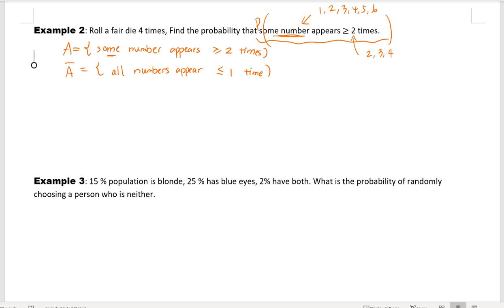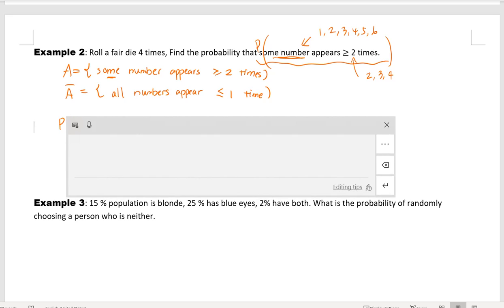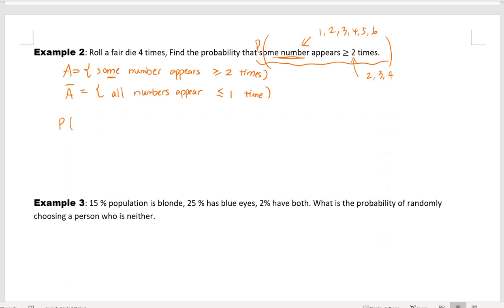Okay, so what is the probability of A complement? Okay, something is wrong with the Word file. Let me save it first. Okay, now I can write on it. Probability of A complement. So we roll a die 4 times.